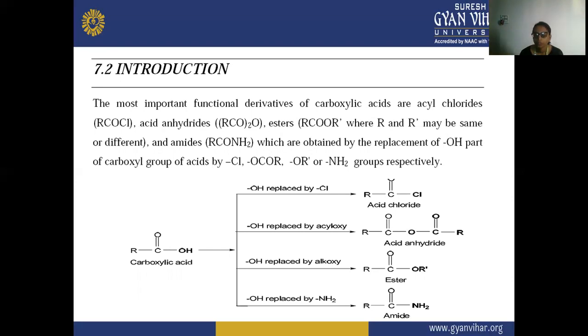From this carboxylic acid, the hydroxyl group is removed from this side, and after replacing this OH by different functional groups, they form the derivatives of carboxylic acid. So they are known as the derivatives of the carboxylic acid.